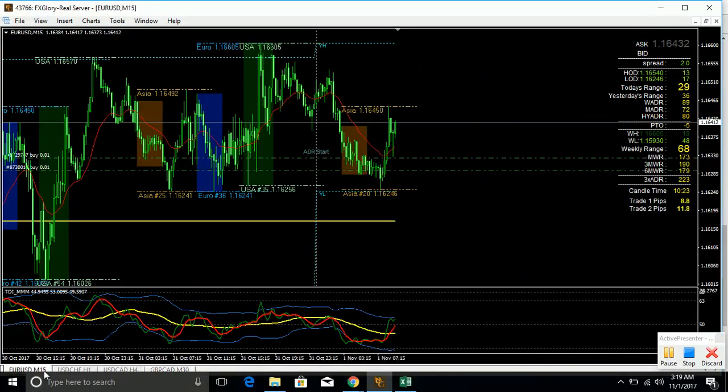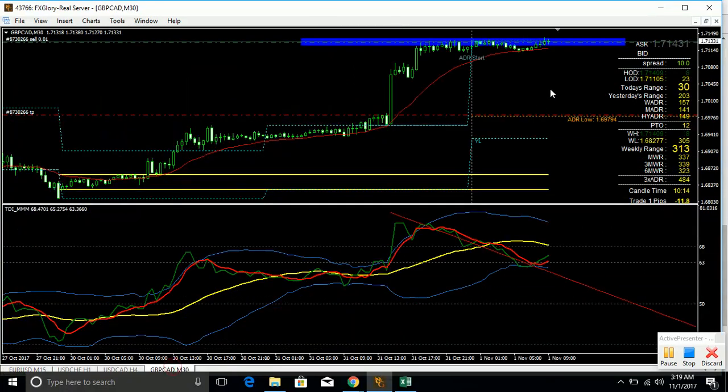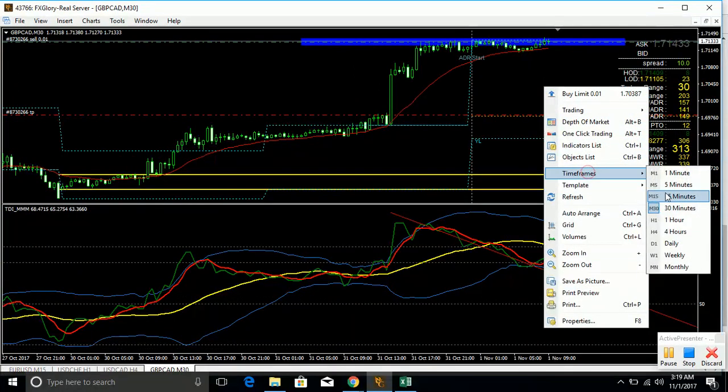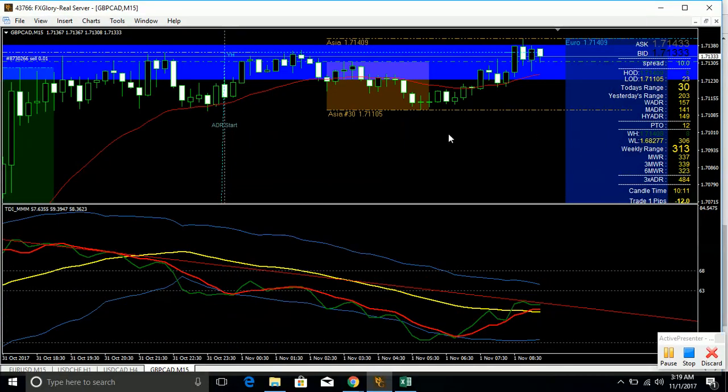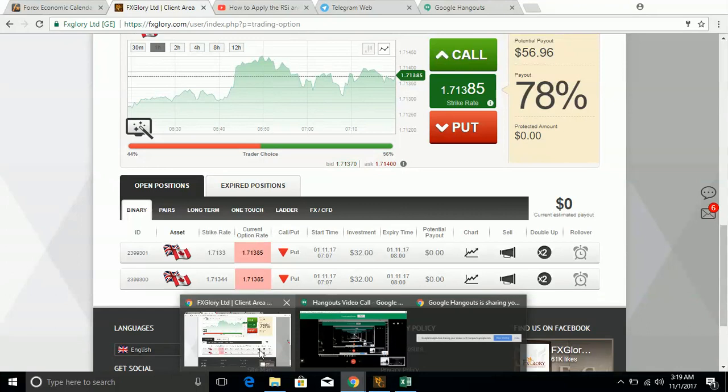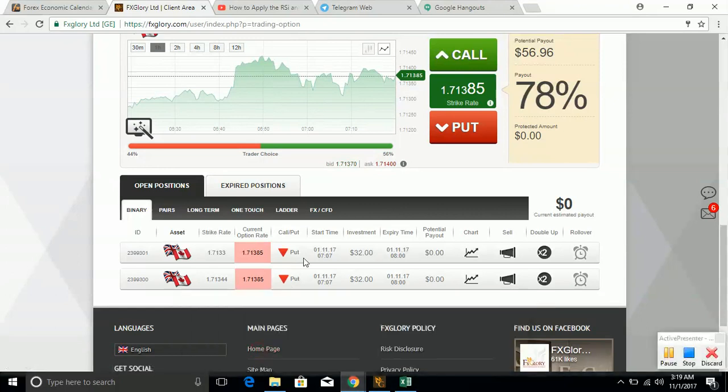Okay, and we got the Euro USD trade going. I'm gonna keep an eye on this CAD. But in the meantime, let's take a look and see if we have anything that's coming out. These are the hour trades.